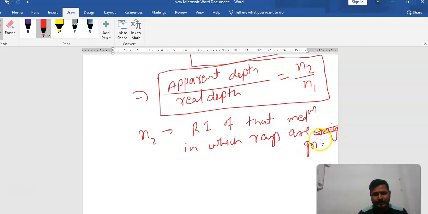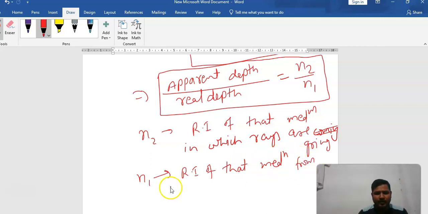And n1 is the refractive index of that medium from which the rays are coming. So you have to memorize it like this.